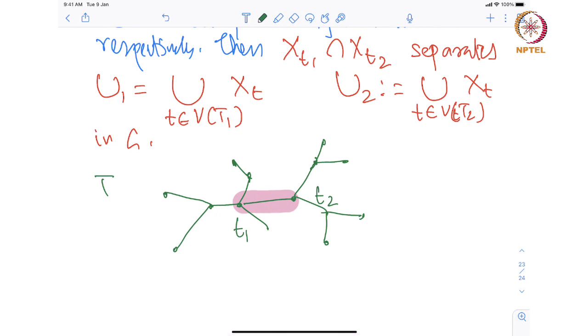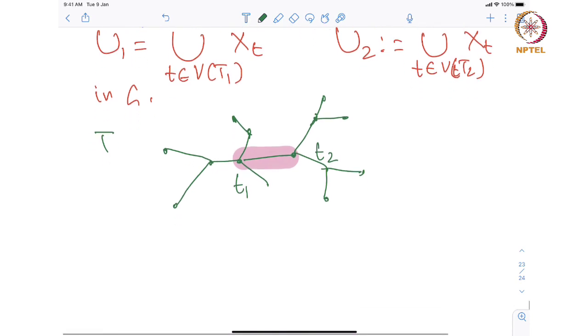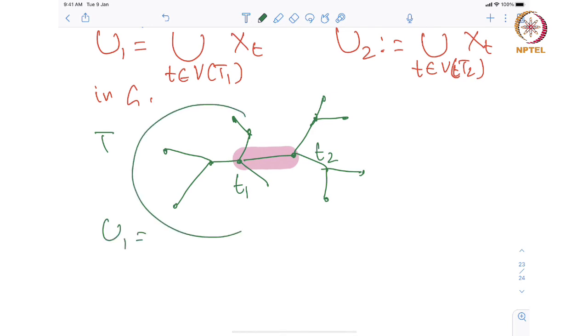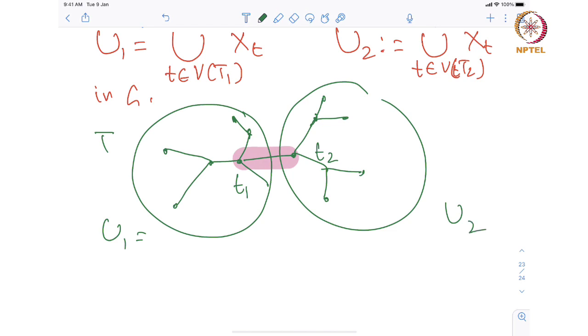U1 is the union of vertices in the bags here, and U2 is the union of vertices in the bags here.